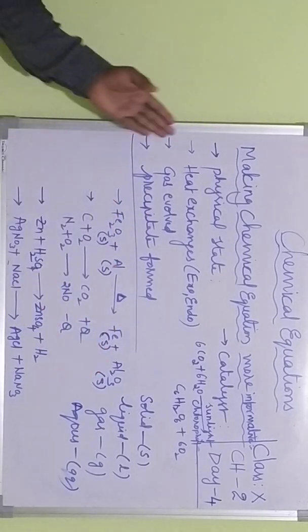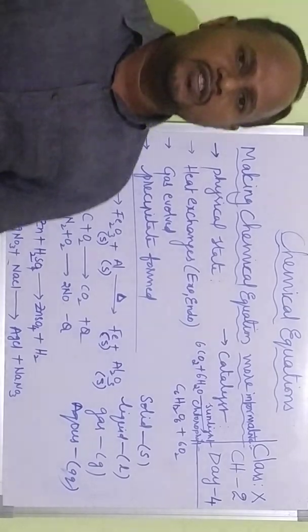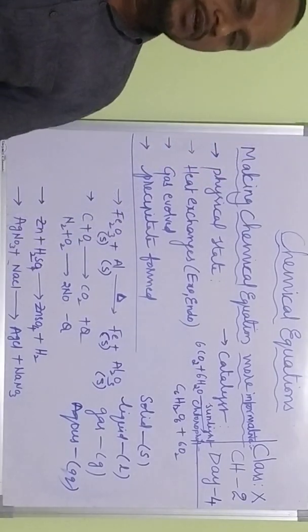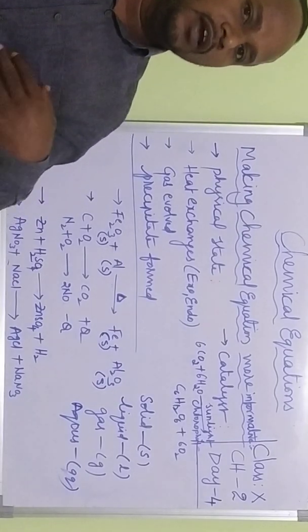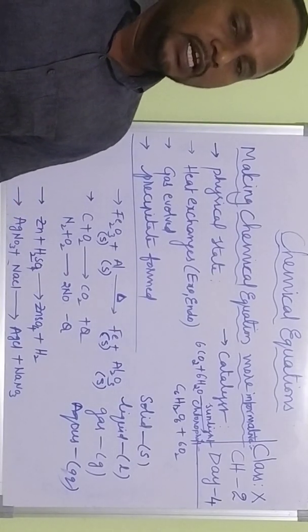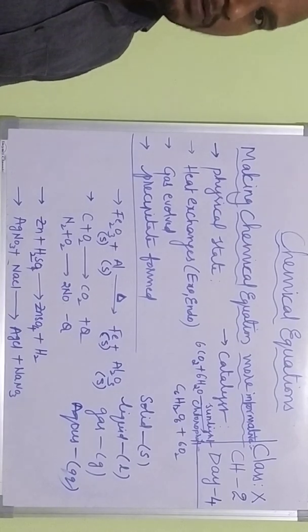Next, heat exchanges. In chemical reactions, sometimes heat may evolve, sometimes heat may be absorbed. Heat evolving is called exothermic reactions, and heat absorbing is called endothermic reactions.